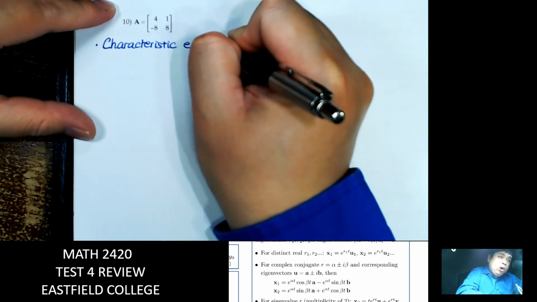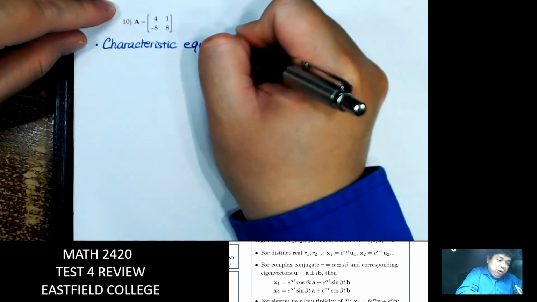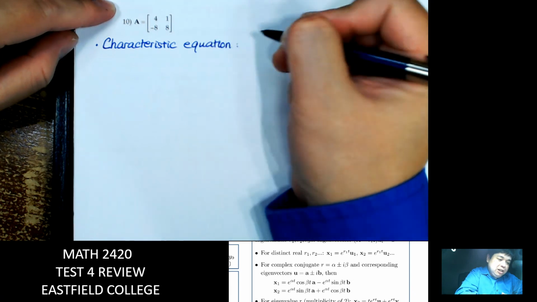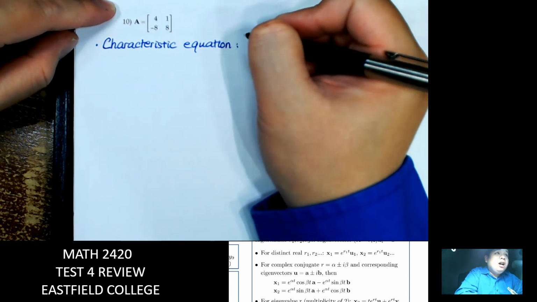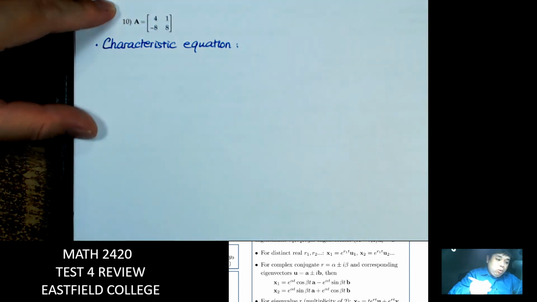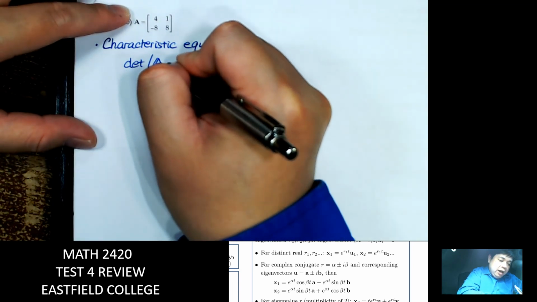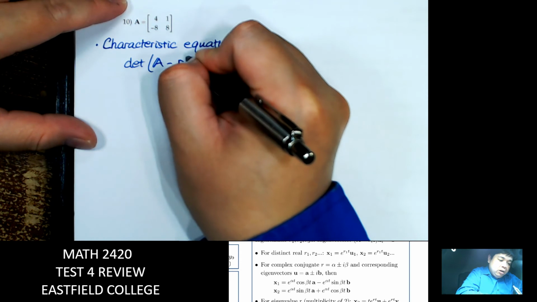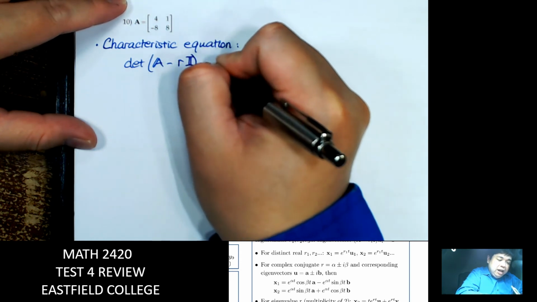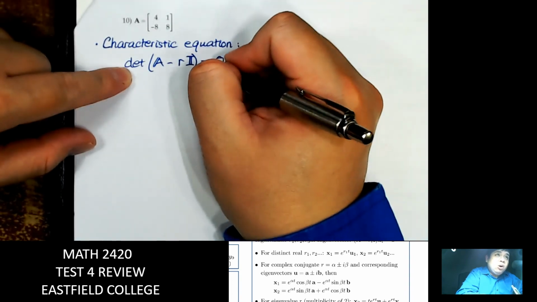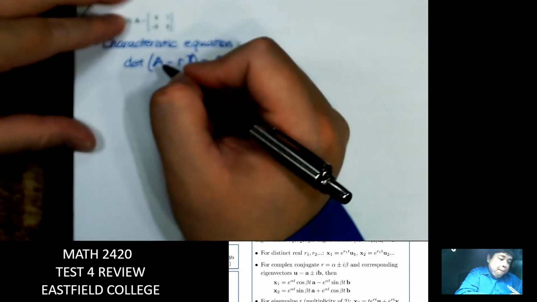I recorded another question earlier, but I made a mistake, so I have to redo it. Anyway, characteristic equation. So determinant of A minus R times identity matrix equal to 0. Determinant is a number, so that is a 0 number, not a vector.